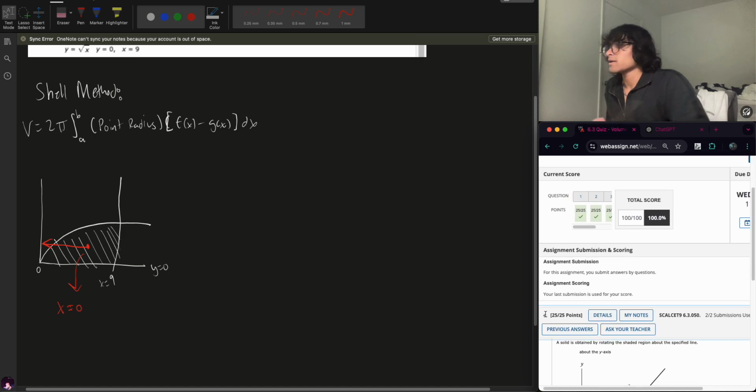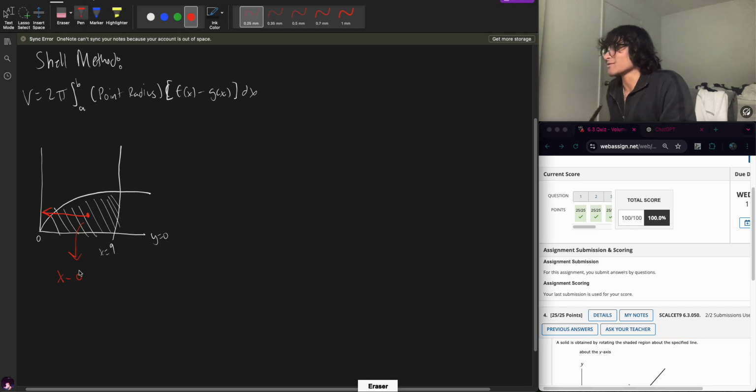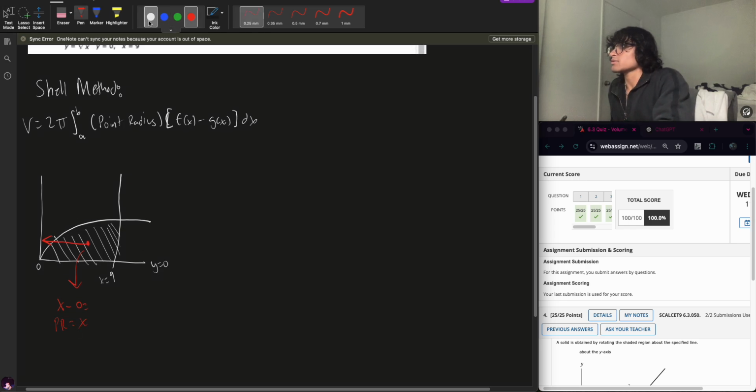Okay, wait, I am tripping. It's x minus 0, I'm sorry, I was thinking ahead of myself. x minus 0, which means our radius equals x. So let's put that all in. We have our volume, and this is y equals square root of x.